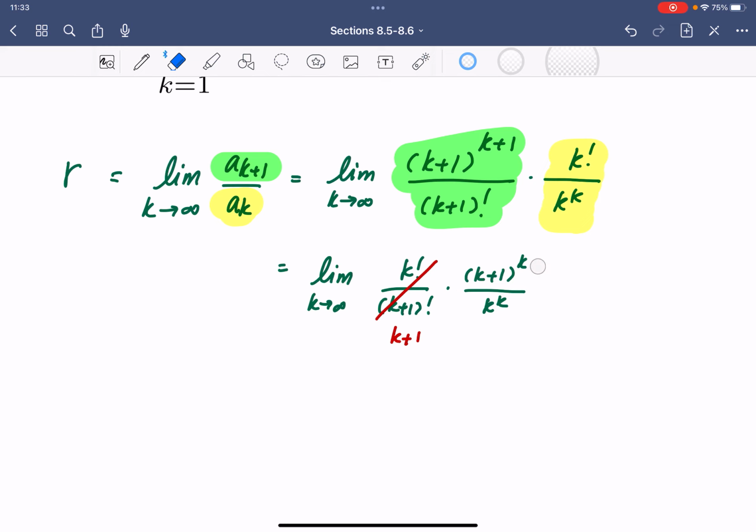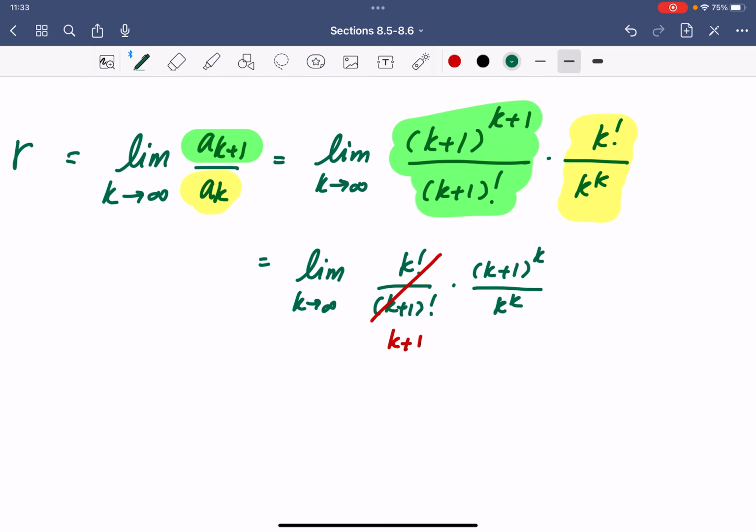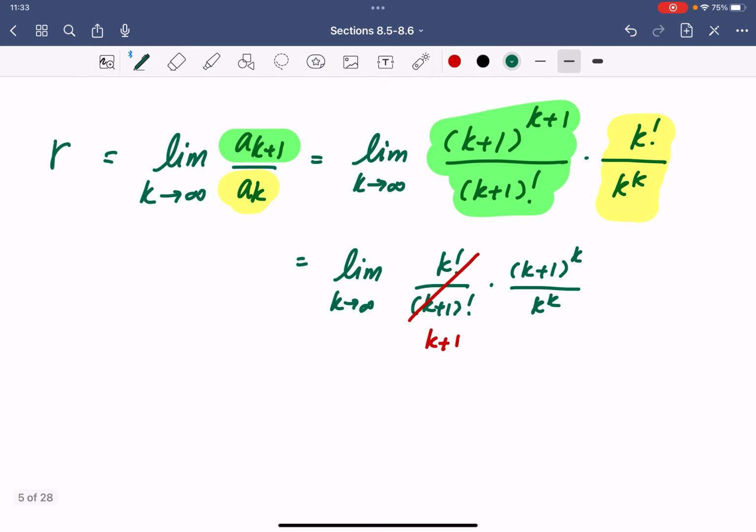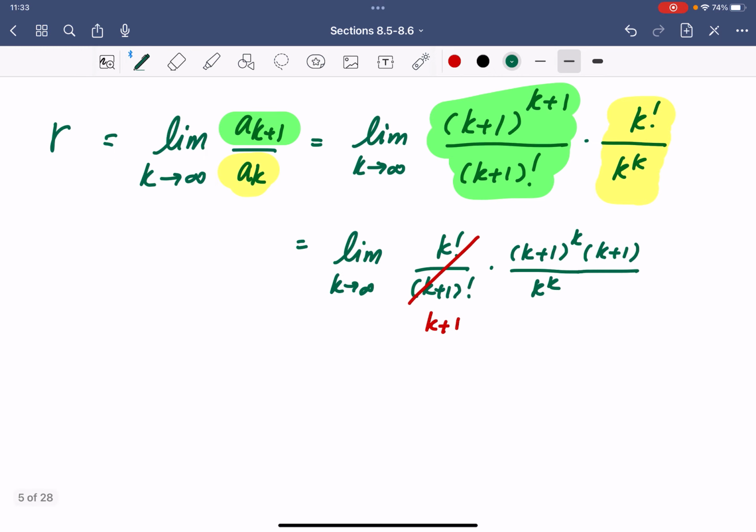Can I just change plus 1 here and do k plus 1 here? And then because I see k plus 1 over k to the k together, I see this term and this term, you can group it together. Why not? So we're going to just do limit.